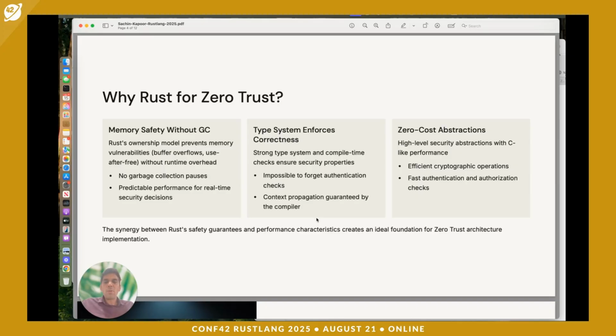Next, let's talk about Rust's strong type system, which helps perform compile time checks for critical controls like authentication. Another advantage of Rust is the security abstractions provided by the language for fast and effective operations when it comes to cryptography, authentication, and authorization, which is critical to build a secure ecosystem. Rust's safety guarantees and performance characteristics make it an ideal choice for a zero trust architecture implementation.